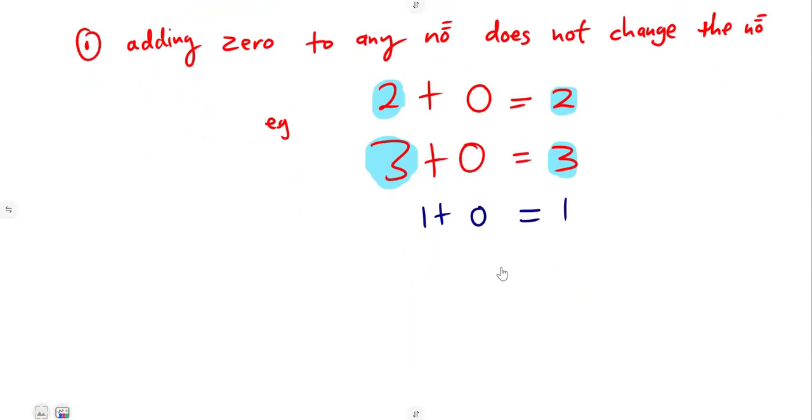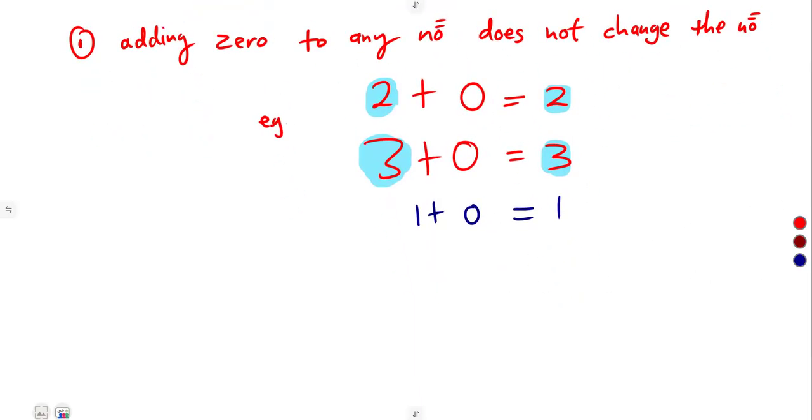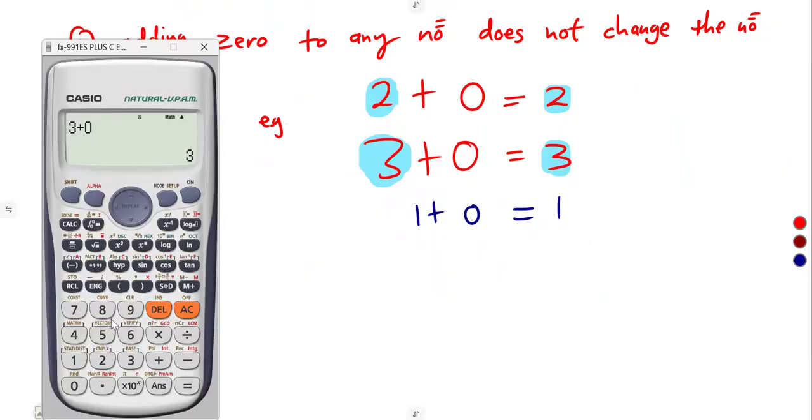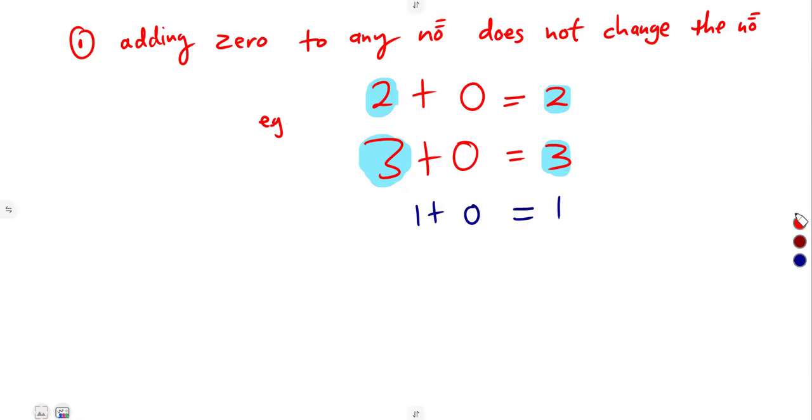So what about subtraction? 2 minus a 0, that's a 2. What you had is what you have in your answer. 3 minus a 0, what you had is what you have in your answer. So again, on subtraction, we are not affected.